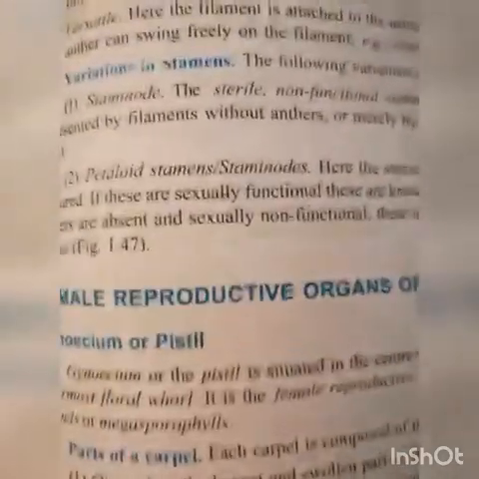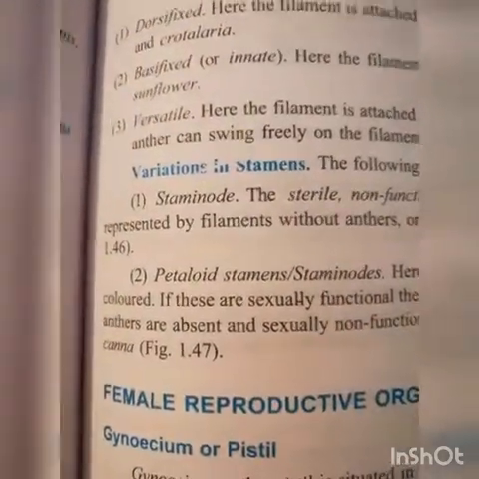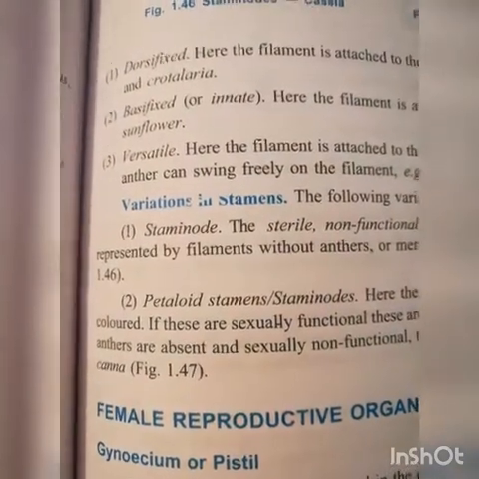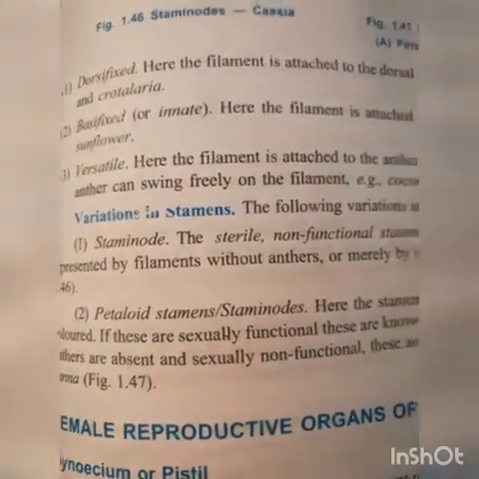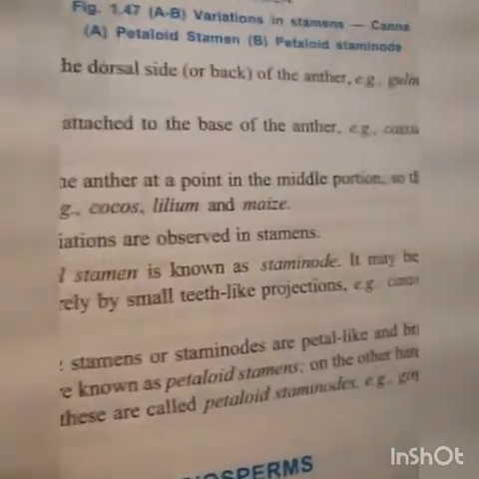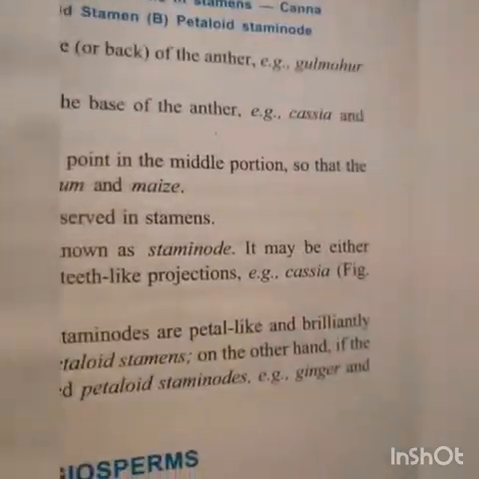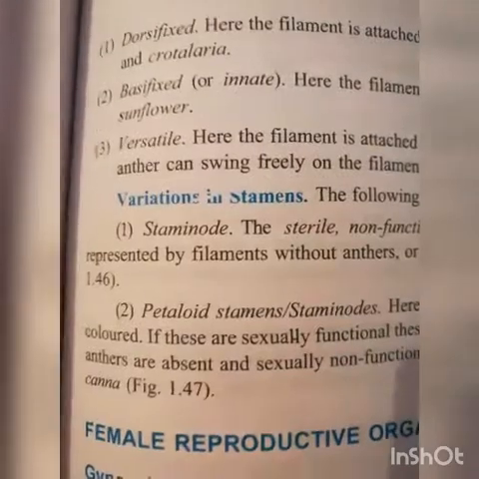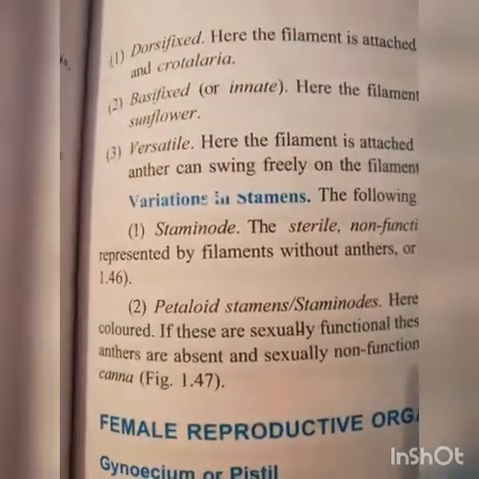Next, petaloid stamens and staminode. Here the staminodes are petal-like and brilliantly colored.